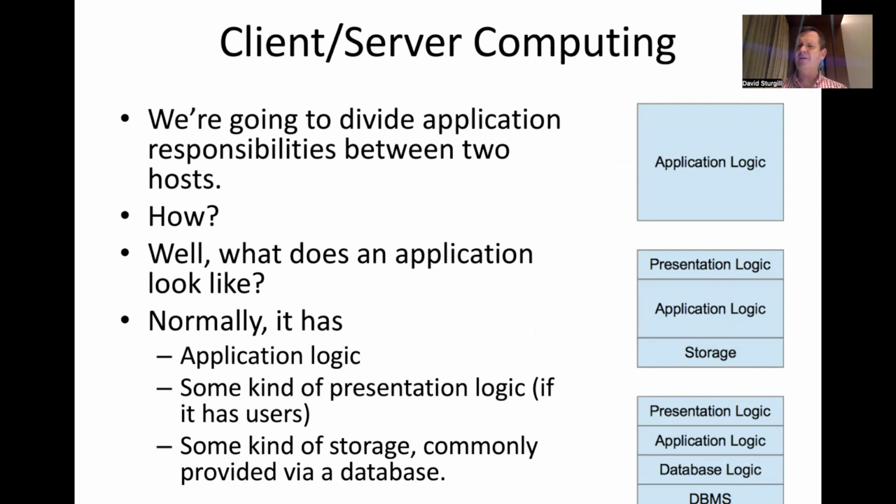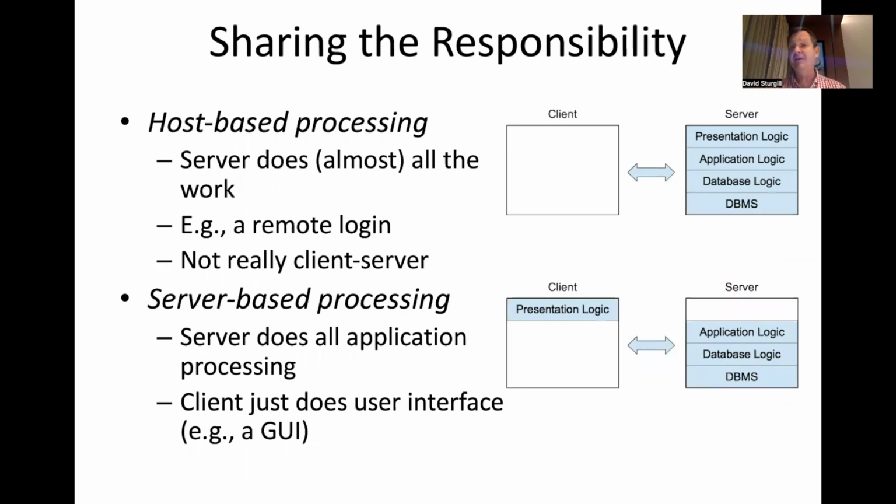And breaking the application into layers like that gives us opportunities to divide responsibility between the client and server, and maybe put more responsibility on the client. That would help reduce the load on the server and could let our application scale up to more concurrent clients.